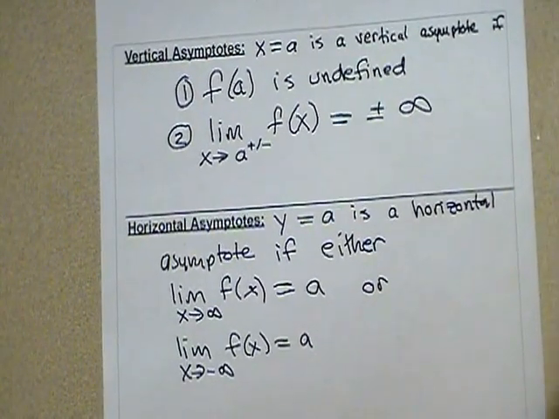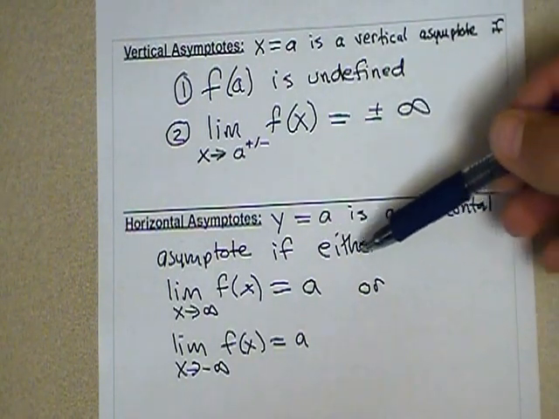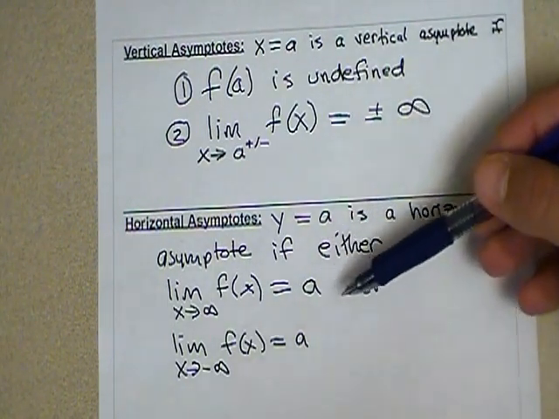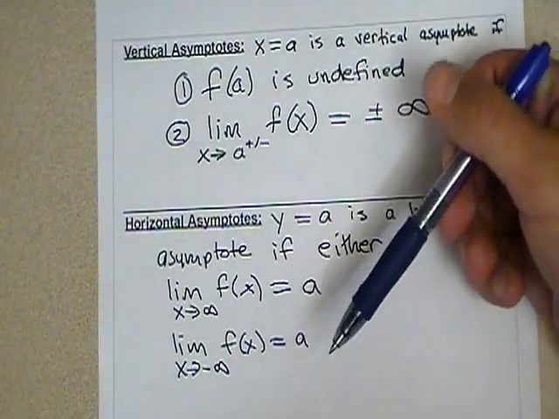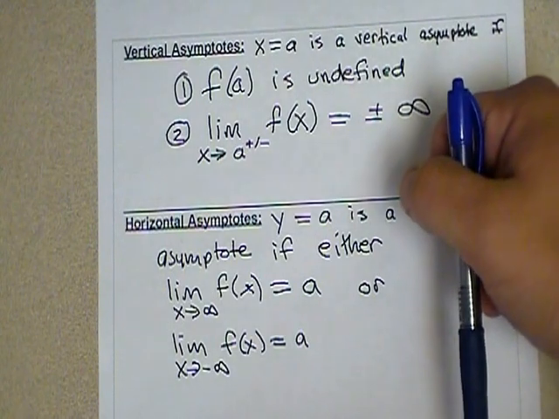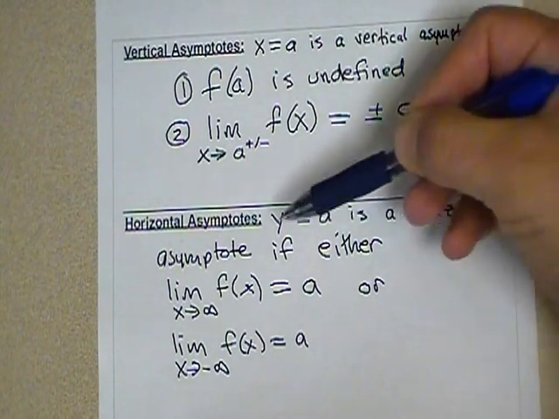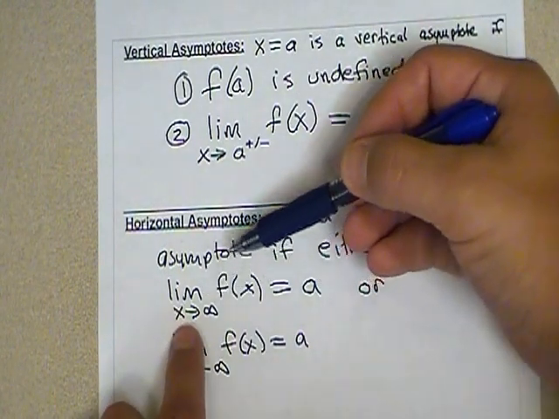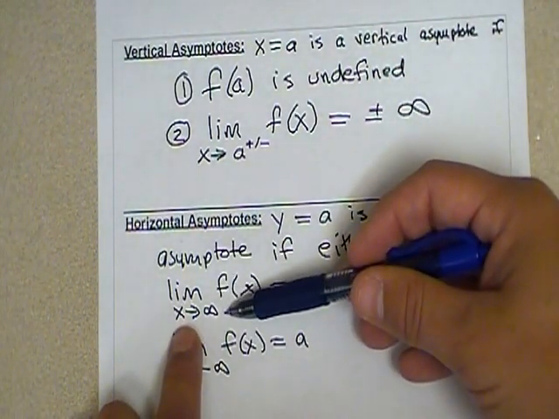A horizontal asymptote is going to be at y equals a if one of these two things happen. Most of the time both of these things happen, but if one of them happens, you definitely have a horizontal asymptote at the location y equals a. There isn't anything that you have to do with the function other than jump right in and check a limit as you approach infinity.